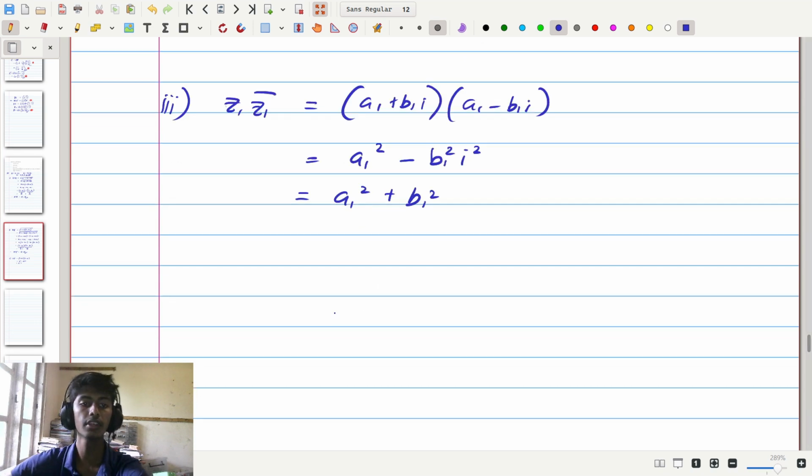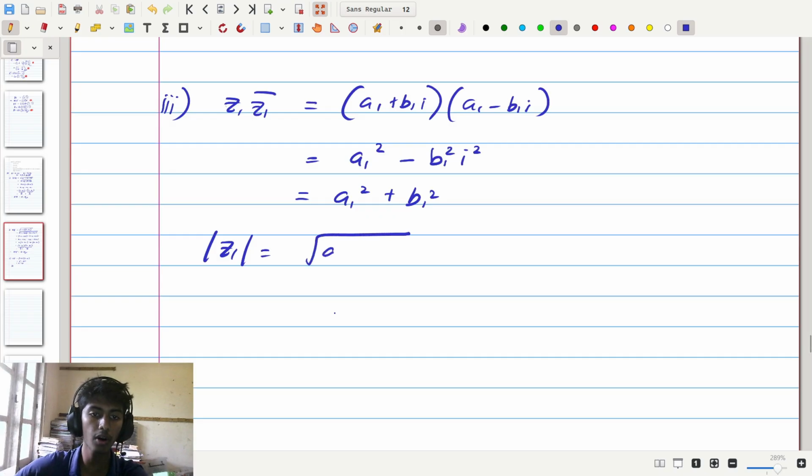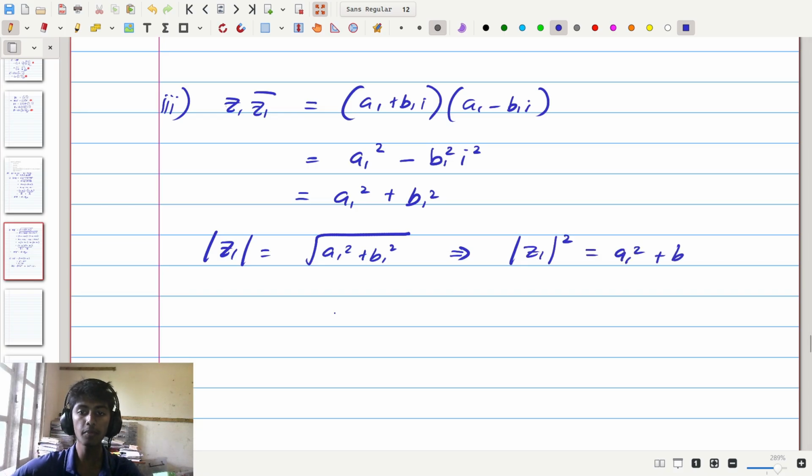Now, since the modulus of Z1 is simply equal to the square root of A1 squared plus B1 squared, since Z1 is equal to A1 plus B1i, the modulus of Z1 squared would be equal to A1 squared plus B1 squared, which is exactly what this term right here is. Now according to that, Z1 times Z1 conjugate must be equal to the modulus of Z1 squared. And hence we have proven that part as well.